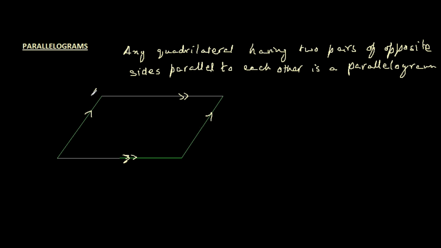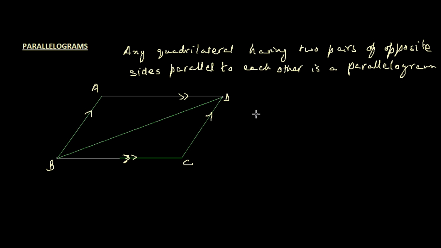So before we go into that, let's name this figure. Let's call this parallelogram ABCD. We are going to prove that the diagonal of a parallelogram divides it into two congruent triangles. So to do that, let's take a diagonal also. Let's take the diagonal BD.